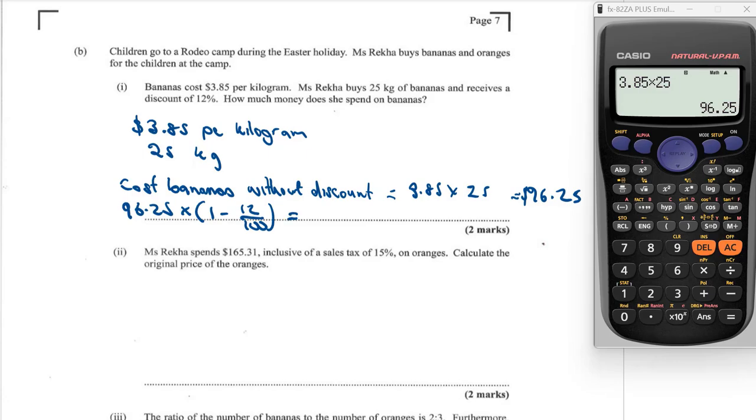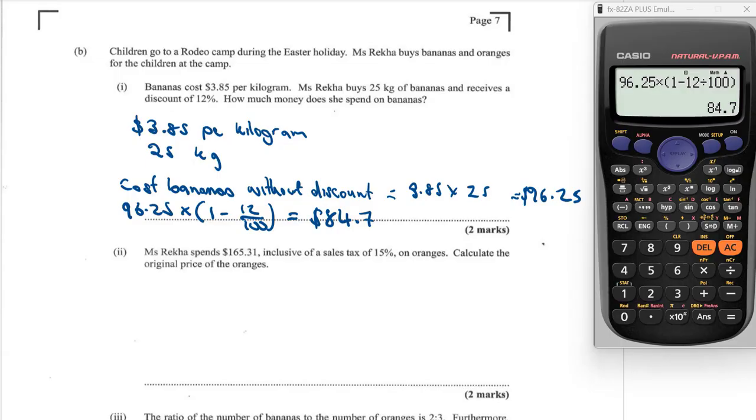So this is clear, 96.25 times 1 minus 12 divided by 100, and that gives me $84.7. So Miss Reka would pay $84.7 for the bananas.